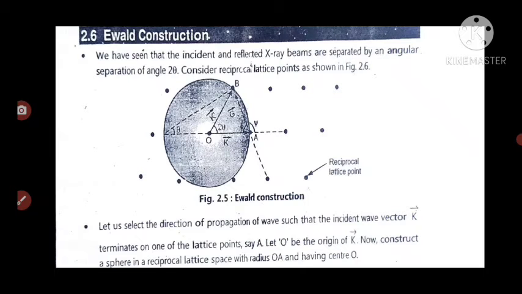In this procedure the reciprocal points are shown in the figure. So this is the idea of the Ewald construction shown here.